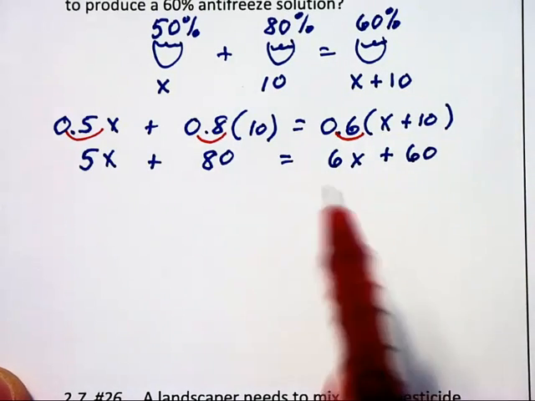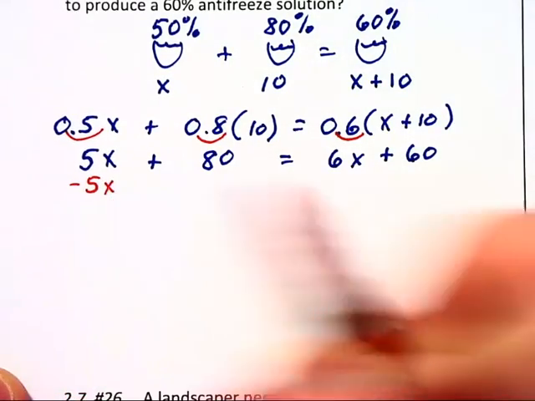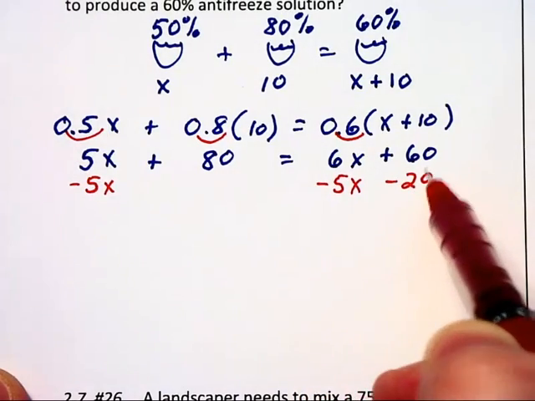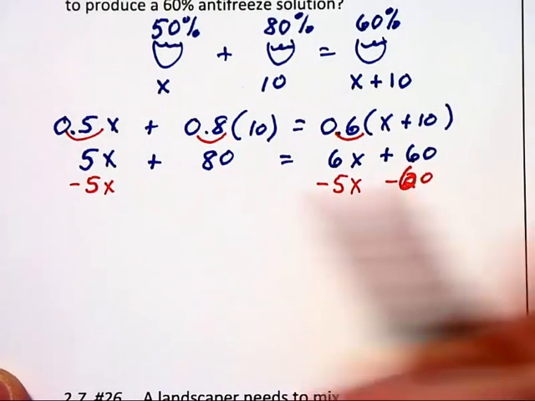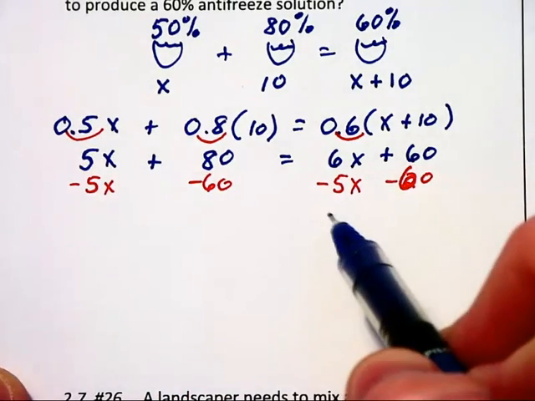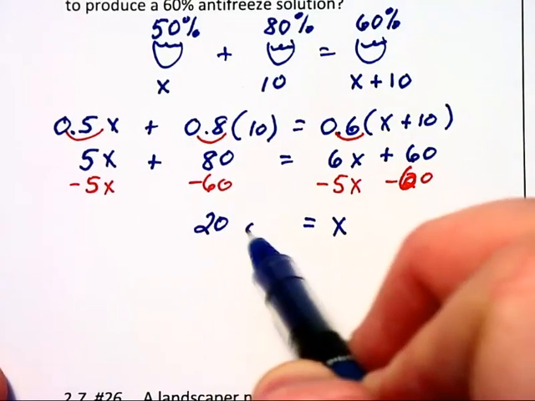Now since I see a 6x on the right and a 5x on the left, I'm going to subtract 5x off of each side. And while I'm at it, I'm going to subtract the 60 off of each side. I'm thinking ahead to my answer, if you notice what I was starting to write. And so x is going to equal 20 ounces.